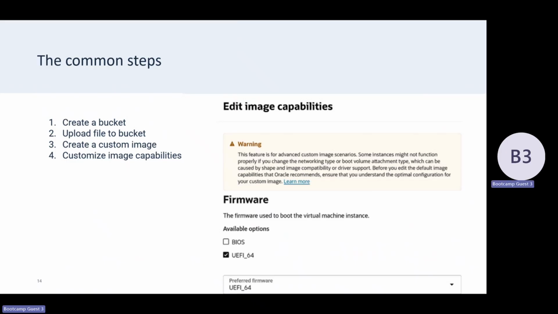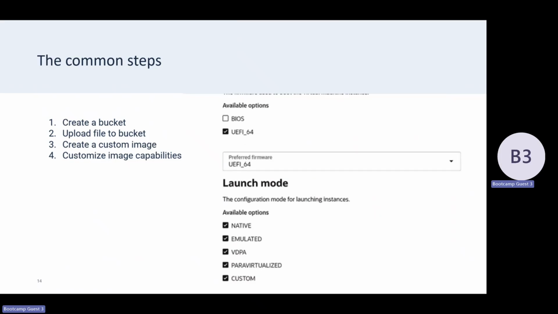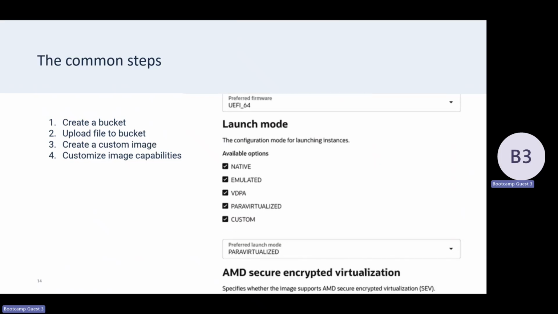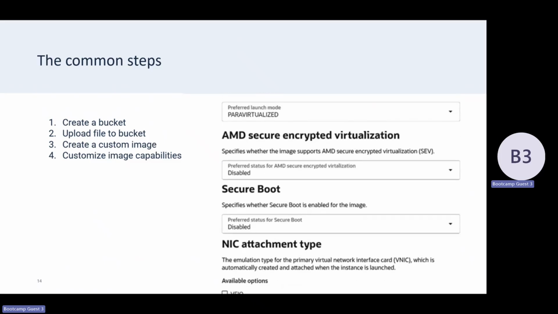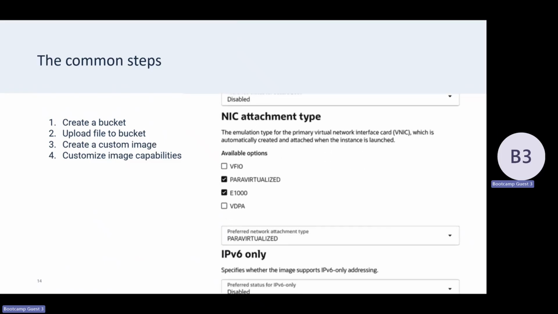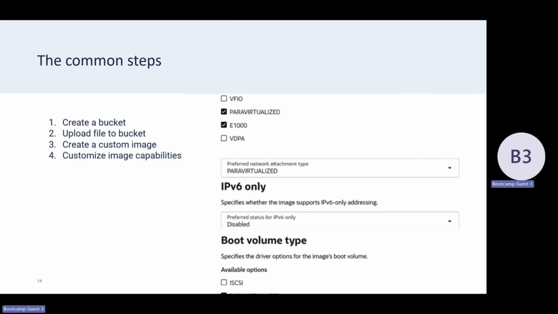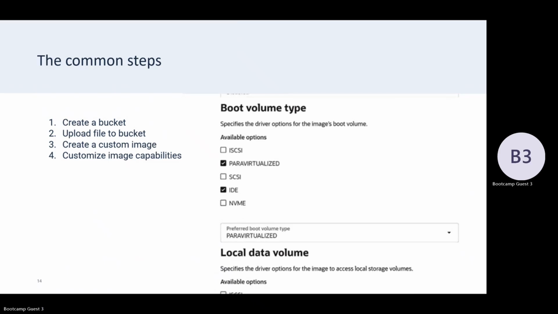The one major important thing is the firmware. You have to select UEFI. And this is every single thing that you can configure. This will go on for quite a while. And if you want to figure out what is the best possible combination for you, you can probably reach out to us, because we took a long time figuring out what works with what is compatible. So yeah.